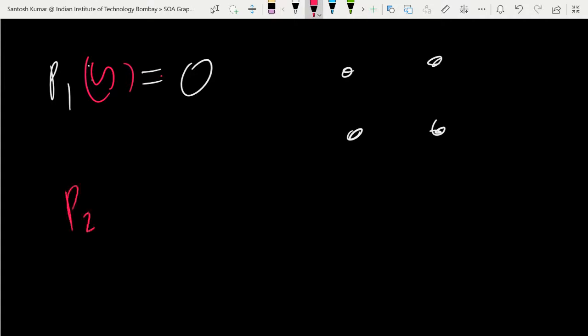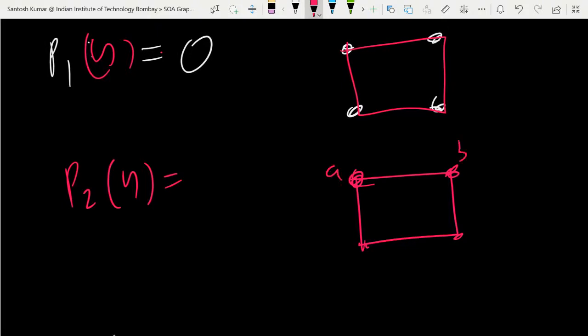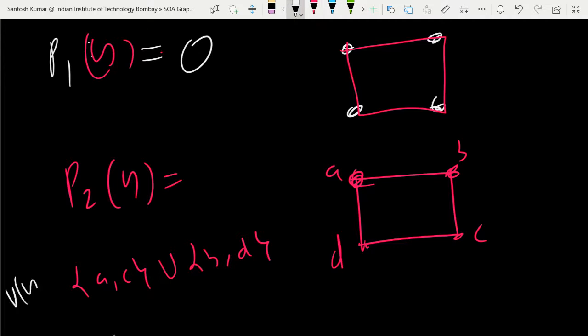Mainly start with P2. P2 of G means you are partitioning the vertex set into two independent sets. You can write simply AC as 1 and BD as 2. This is the partition for the vertex set. It means AC can be given the same color.